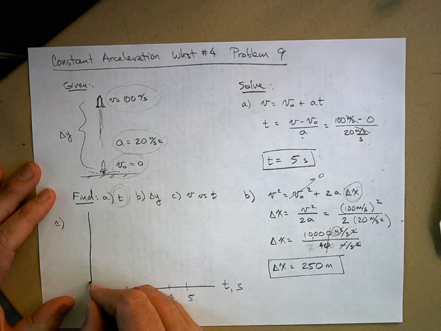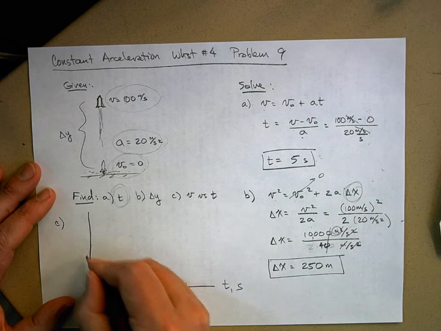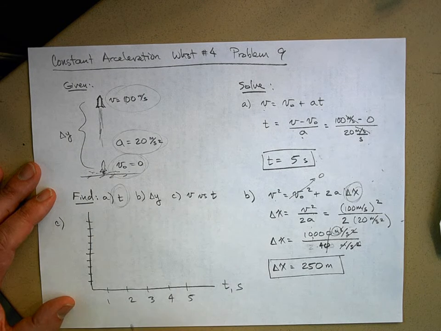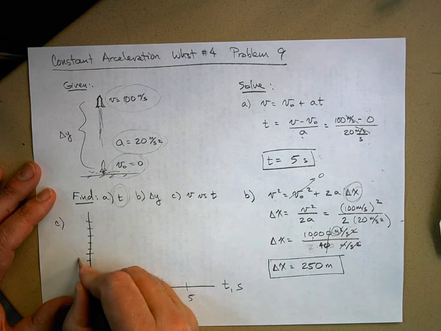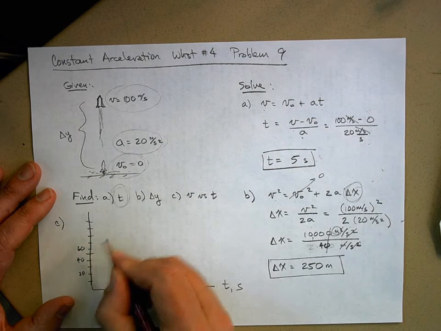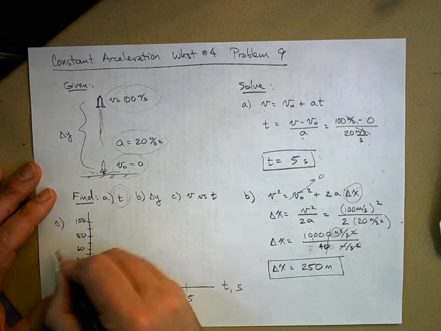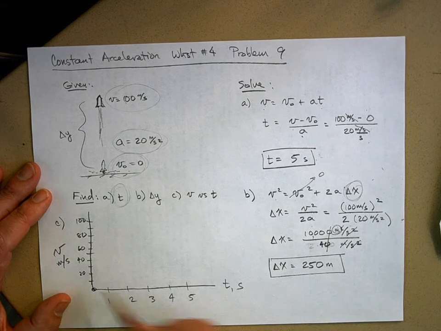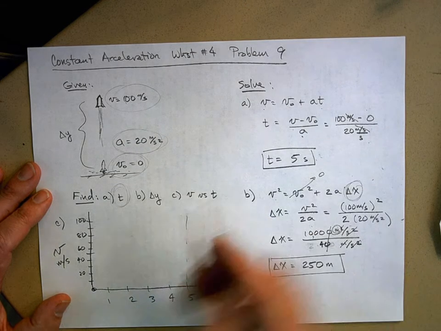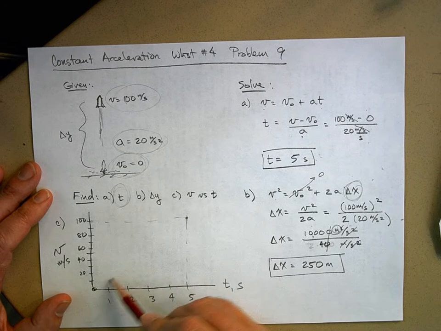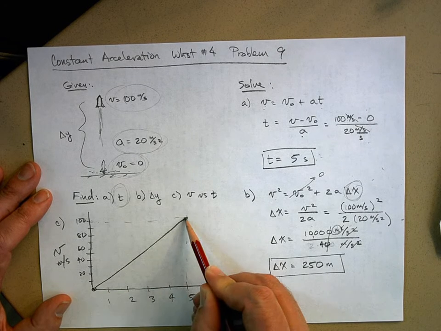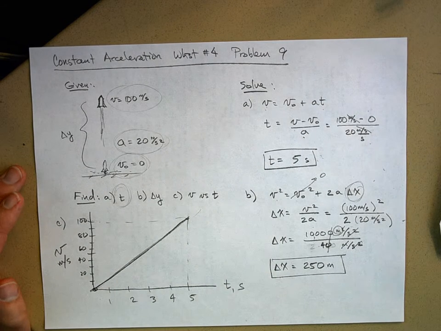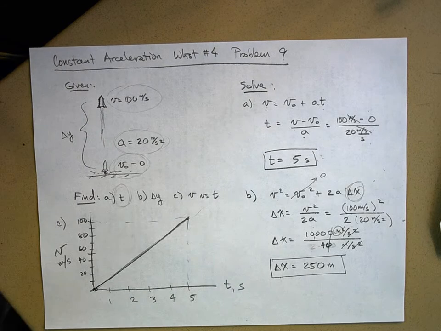So 10, 20, 30, 40, 50, 60, 70, 80, 90, 100. Velocity in meters per second. I've labeled it. It starts here. And guess what that slope is? That slope is going to be 20 meters per second every second.